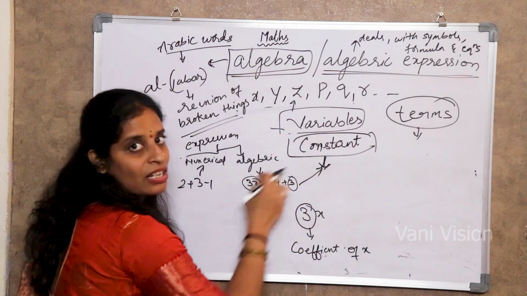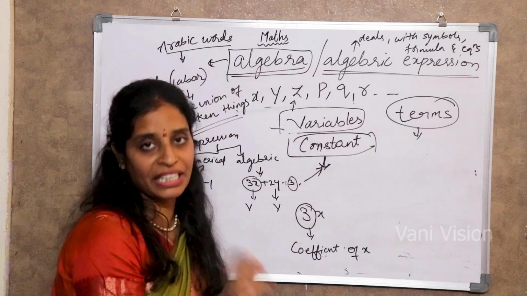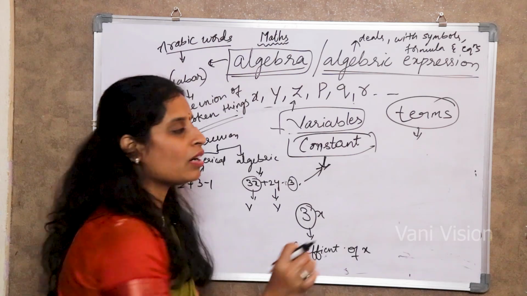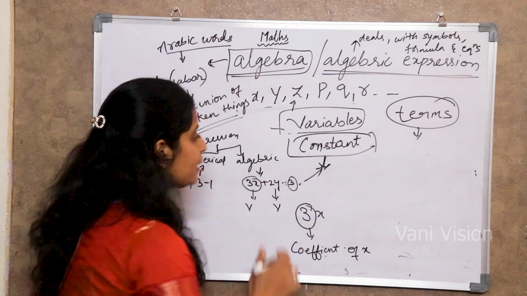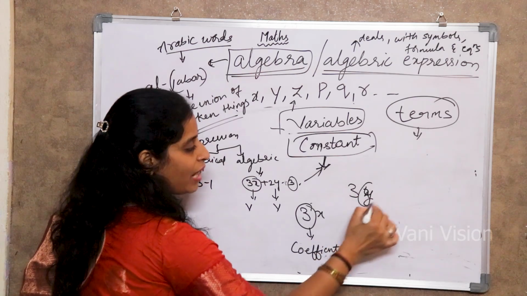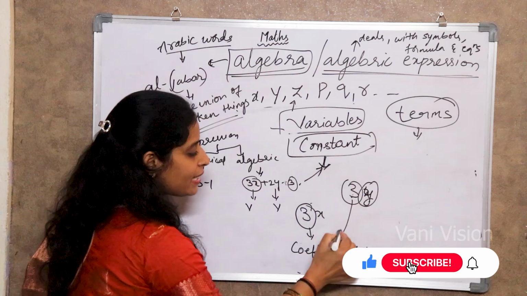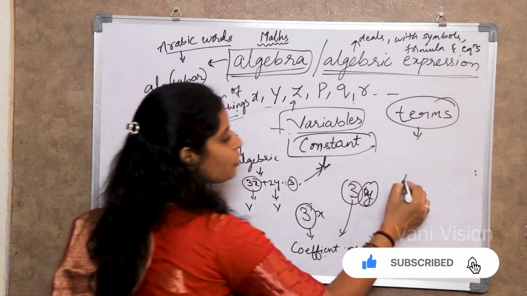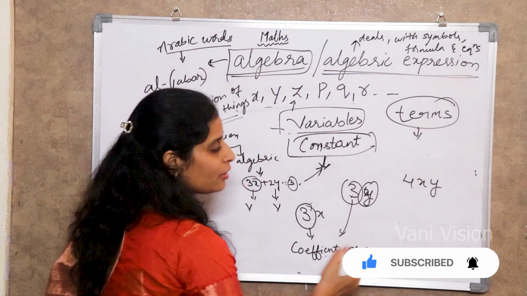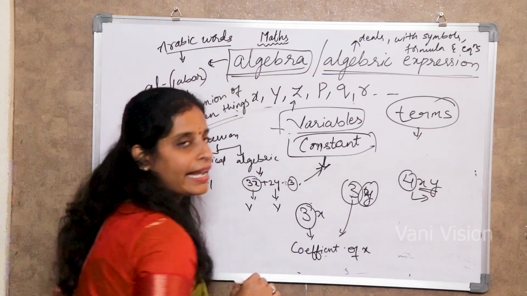A constant is any number which does not have any variable. Suppose a variable is there, 3y. Now y is multiplied with 3, and this 3 is called the coefficient of y. Suppose 4xy is there. Now 2 variables are there, then also 4 is the coefficient of xy.